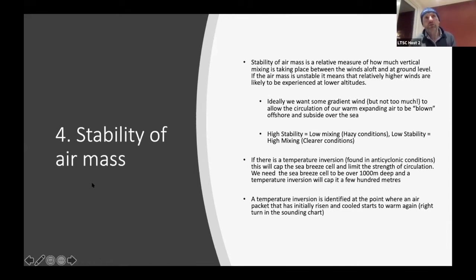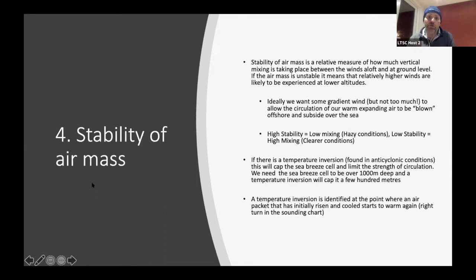Typically, as you go up in altitude, the wind becomes less affected by the surface friction of the earth, and in theory gets quicker, to a point. If there is any limit on getting up to that quicker air due to a temperature inversion, you won't get as much gradient wind pushing that breeze offshore, okay?